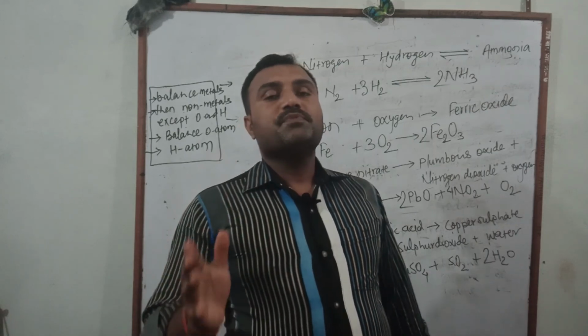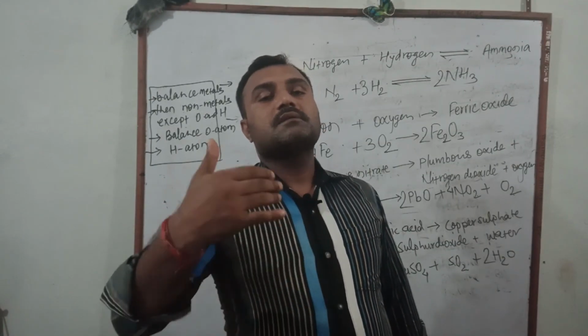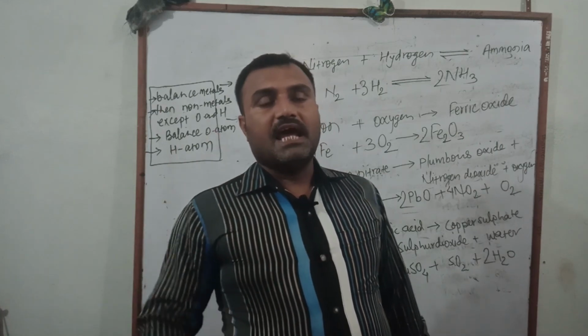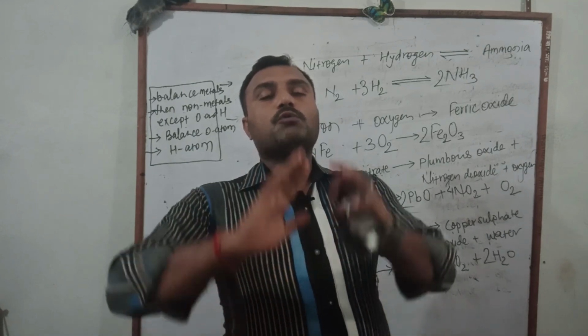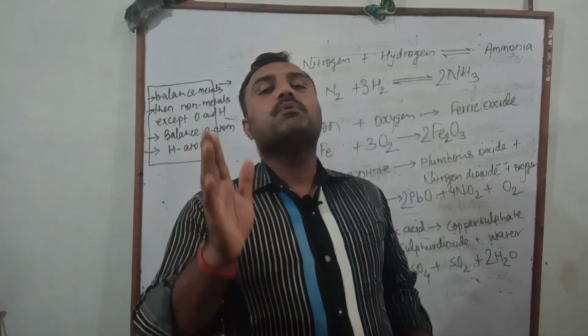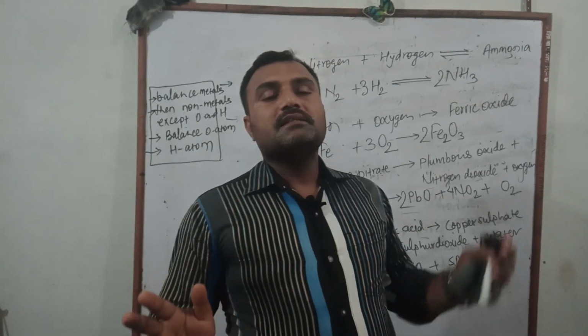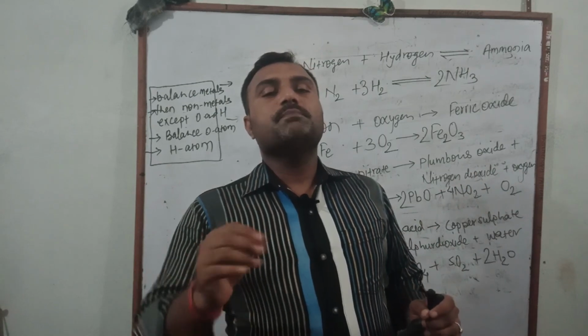In this way, we can balance a word equation into a balanced formula equation. And for this, it is most essential to know how to write molecular formulas and the common names of different chemicals. Then balancing chemical reactions is very easy.